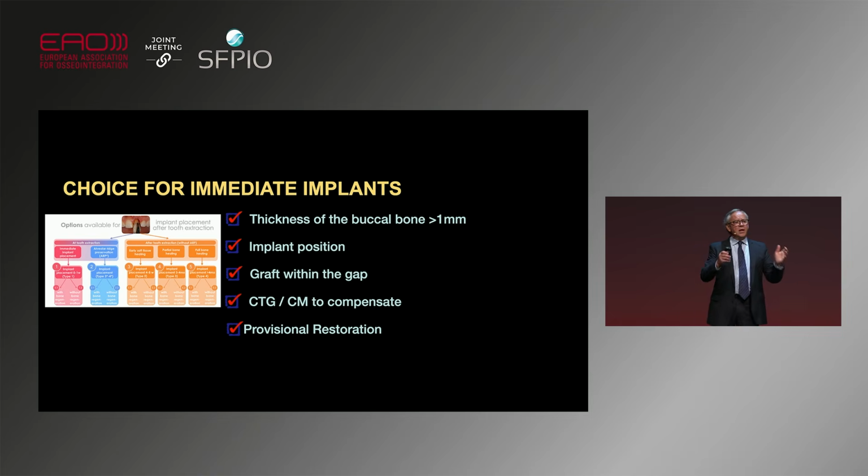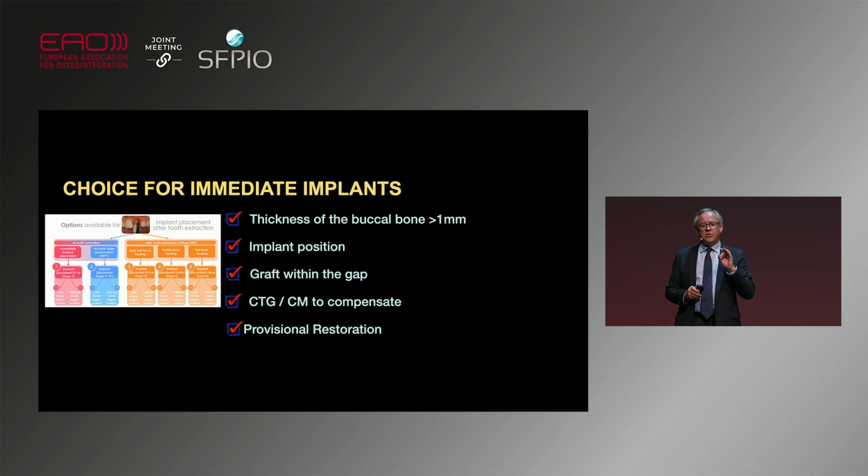So let me basically wrap up by saying that when we make the choice of immediate implants, it's not only immediate implants. It's a very thorough diagnosis of the site dimensions. It's a very important indication of the best implant position, and today we need to do guided surgery to assure that we place the implant in the ideal position.